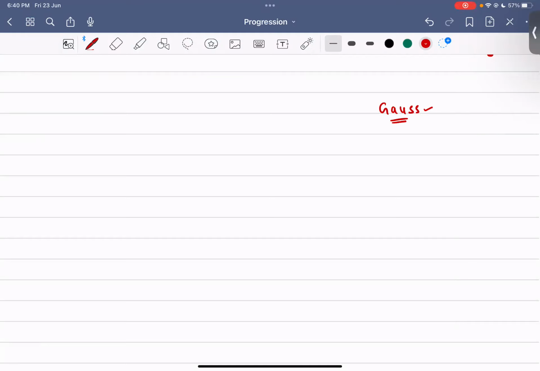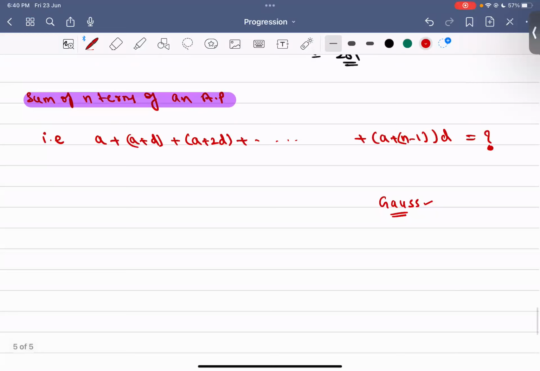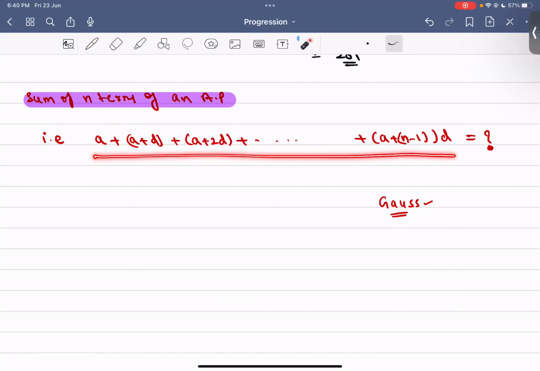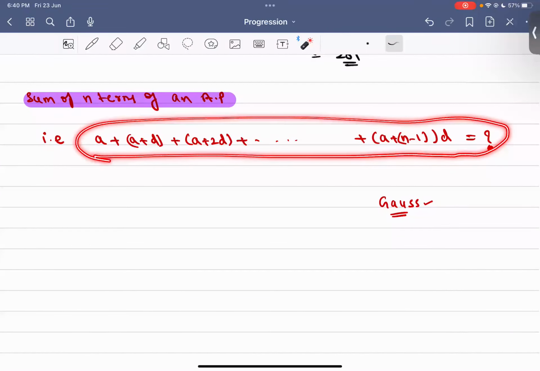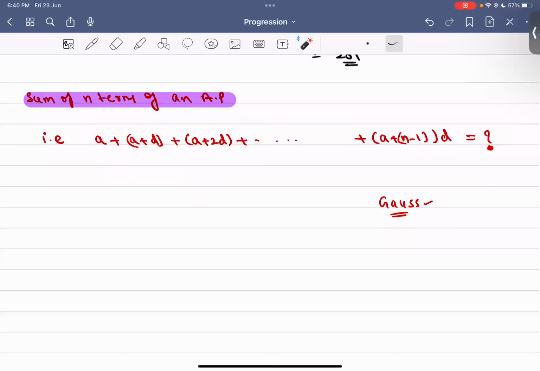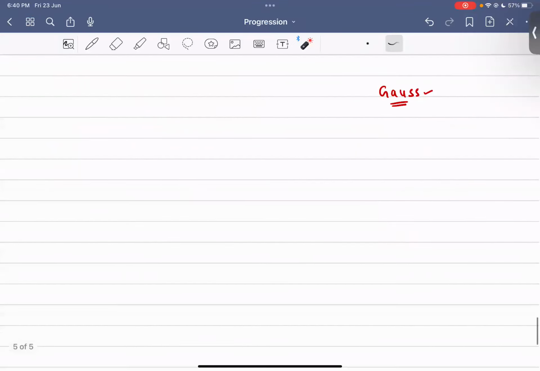I am telling this story because the formula for the sum of n terms of an arithmetic progression was derived by this mathematician Gauss. The story is like this. When Gauss was in third standard, he derived this formula.